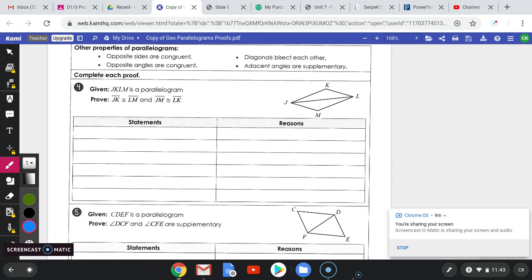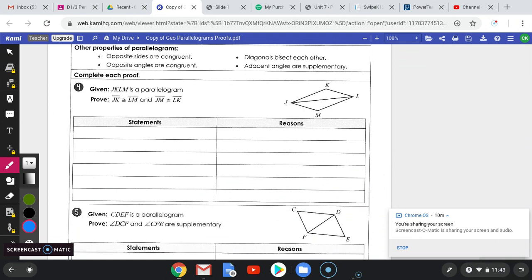And you might be thinking, well, isn't that the definition of parallelogram? Opposite sides congruent? And you're right, that is a property. But why is it a property? The only real definition of a parallelogram is that opposite sides are parallel.